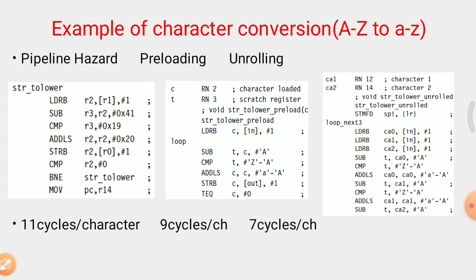So the SUB has a dependency on the LDRB instruction, and this dependency is itself called a pipeline hazard. Here, it is going to consume 11 cycles per character. So to convert one uppercase character into a lowercase character, it is going to consume 11 cycles.